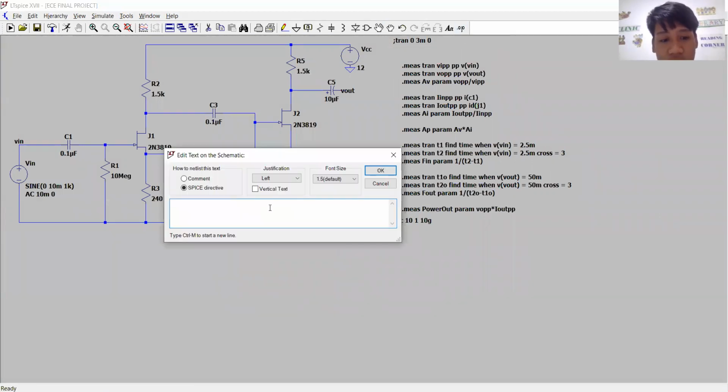To prove that it is correct, we will have to type this command, measure AC max dB max mag V out.